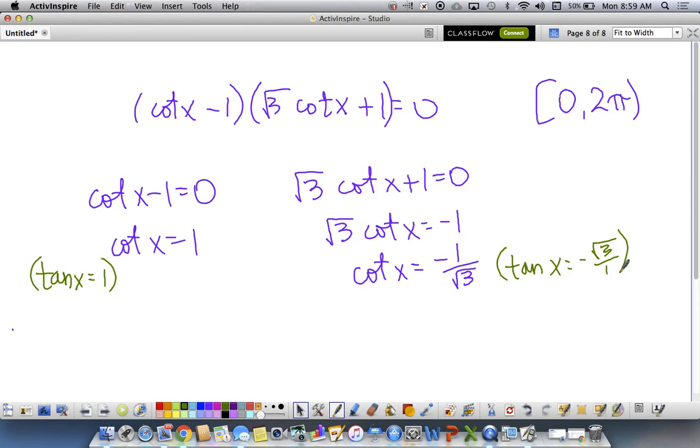So if I were to draw my triangles, which triangles would I draw? 45, 45, 90 that are 1, 1, square root of 2. And this one over here is a 30, 60, 90: square root of 3, 1, 2.